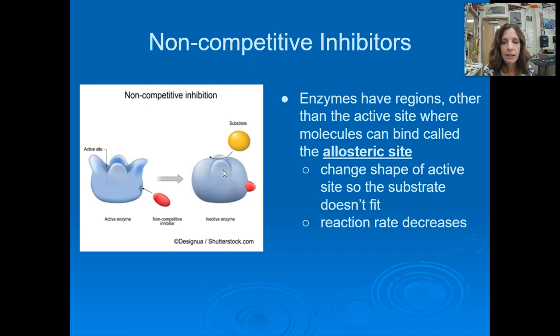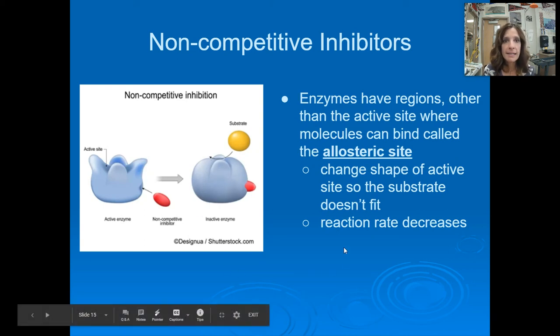And this also decreases the rate of reaction. This sometimes happens, like if you have a product that's being made, that product can fit into the enzyme and slow the reaction if you have too much product so that it is not in equilibrium. And then once the product gets broken down, then this would come out and then the substrate would be able to fit in. And that's it.